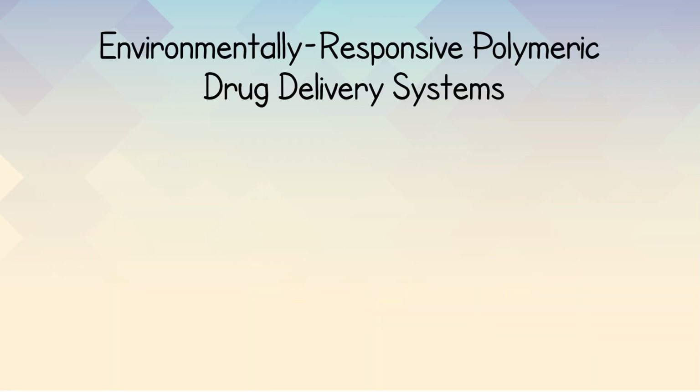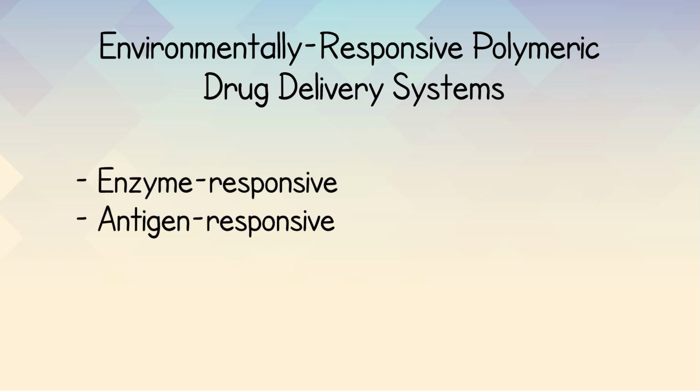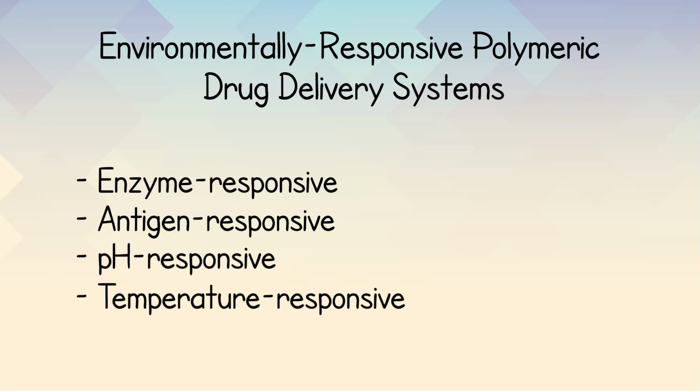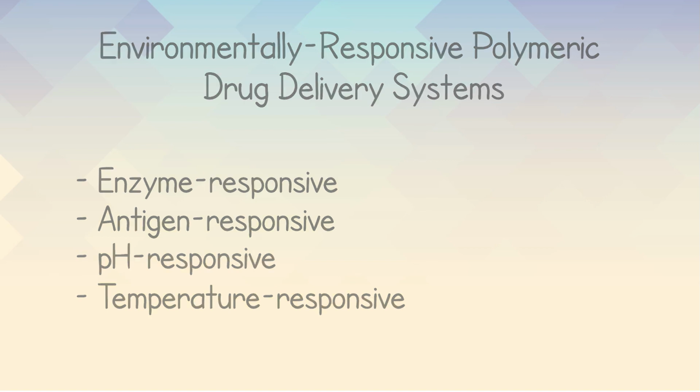However, there are many more environmentally responsive polymeric drug delivery systems currently being researched, including those that respond to the presence of specific enzymes and antigens, and those that respond to pH and temperature. Enzyme and antigen responsive systems behave in a very similar way to the receptor-mediated systems described earlier. On the other hand, pH and temperature responsive systems rely on the differing physical conditions surrounding tumor cells and healthy cells.